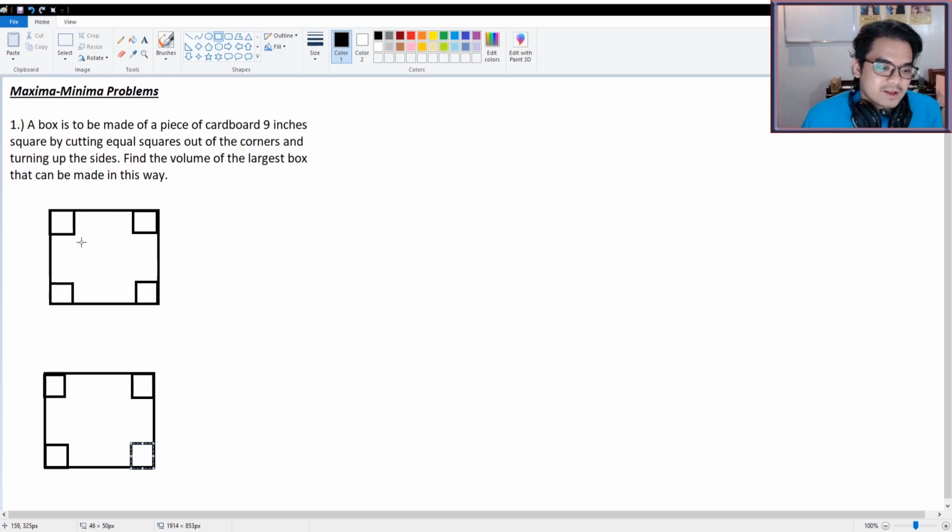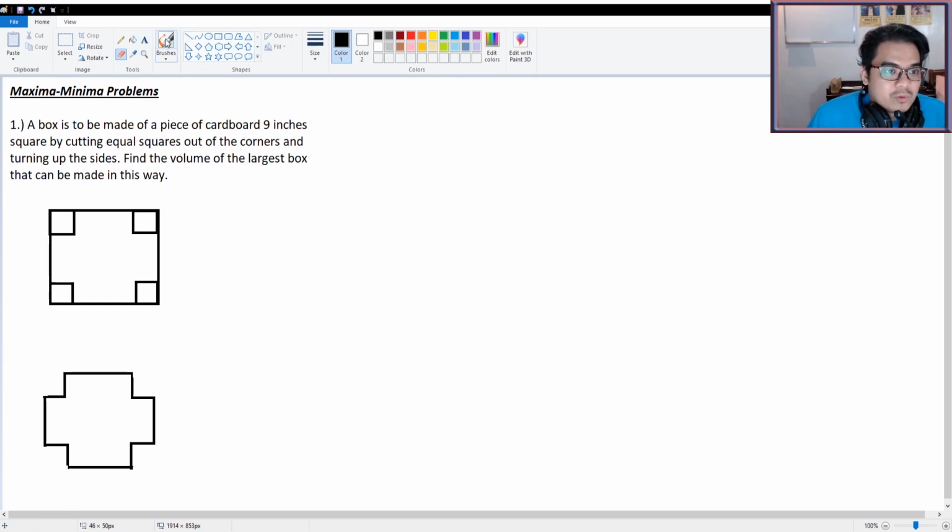You have to cut these four squares in every corner. After cutting those out, it will look something like this. Then if you turn this side up, and this side, these four sides, you will be able to form a box.